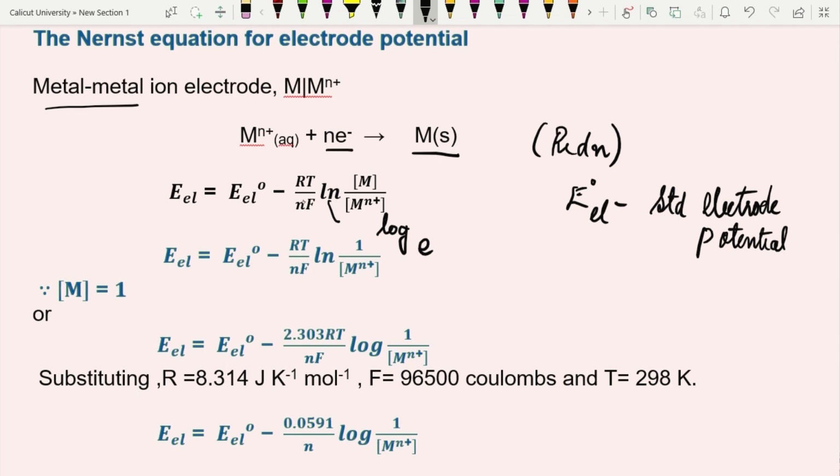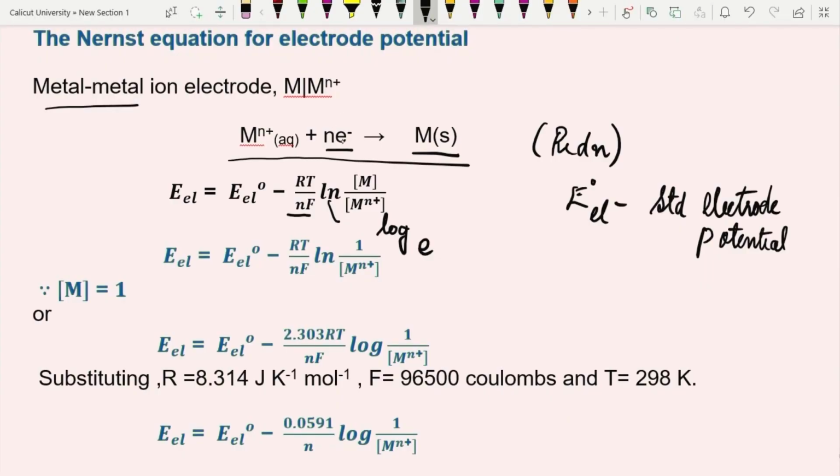Now, I will define the terms. E of electrode stands for the electrode potential which we are going to measure. E naught of electrode stands for the standard electrode potential. If I am taking silver, this will be the standard electrode potential of silver, which is predetermined. R stands for the universal gas constant, T is the temperature, n is the number of electrons involved in the electrode reaction.